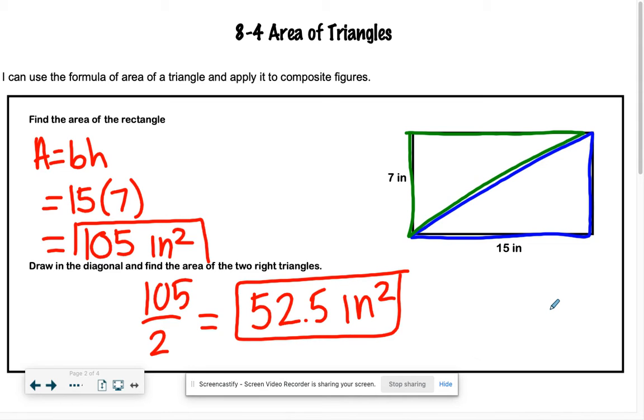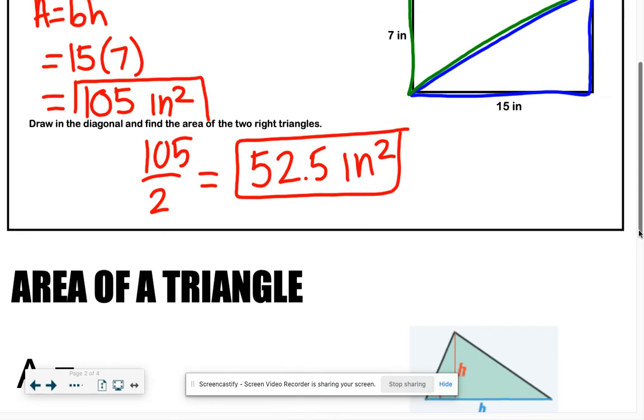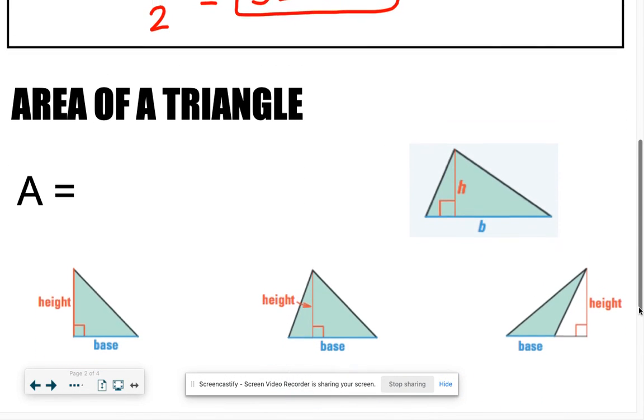So really what we just did there is we figured out the formula for the area of a triangle. We're still going to take our base times height, but in the end we have to what? Divide it by 2. So that's our formula for today. Area of a triangle.